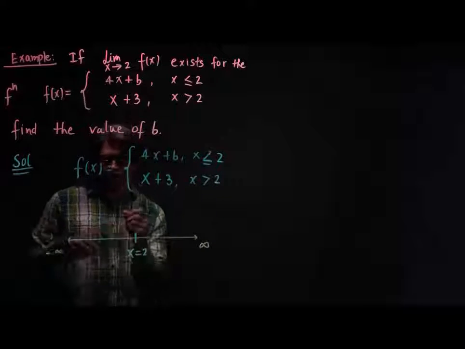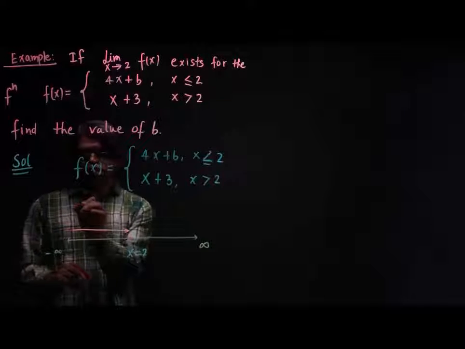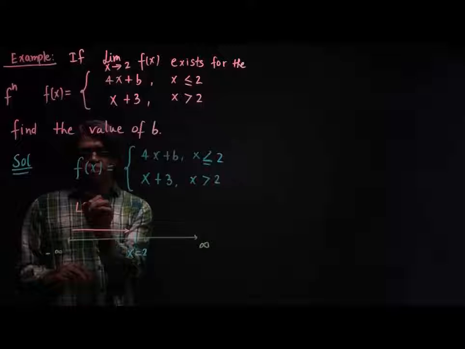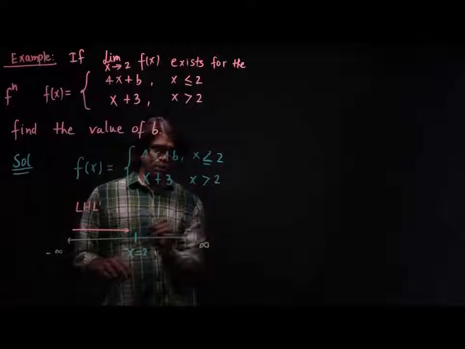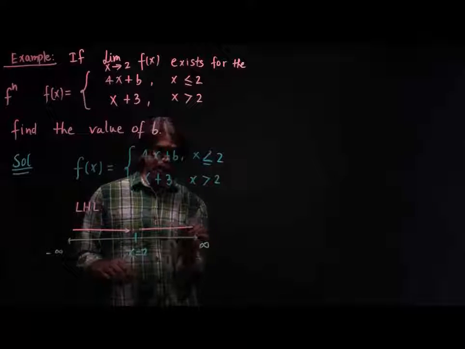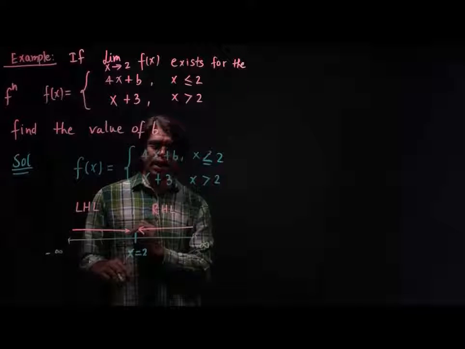My first way is if I approach point c from the left, I'm trying to find my left hand limit. And if I'm approaching from the right, then I'm trying to find the right hand limit of the function.